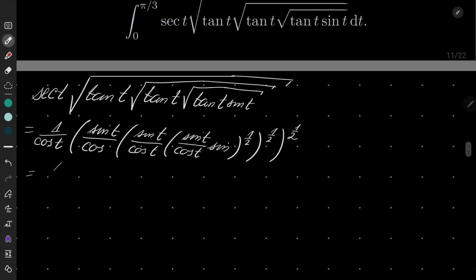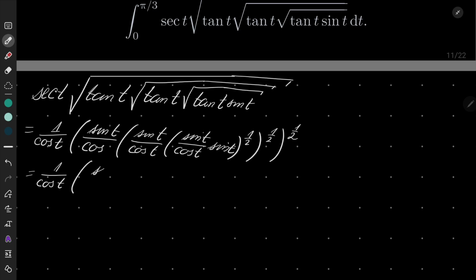Very well. So I have 1 over cosine of t. And now let's take a look. Here I have sine times sine of t, so it's sine squared, but sine squared to the power 1/2 is again sine, because we are dealing with the interval from 0 to pi over 3.